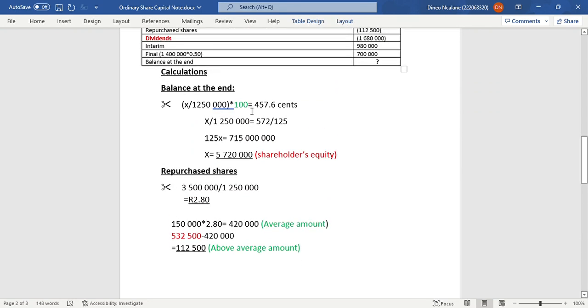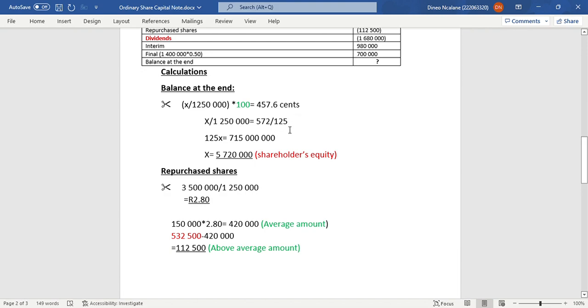So it's X over 1,250,000 shares times 100, equivalent to 457.6 cents, which we are given in the adjustments. Your next step is to divide by 100 on both sides. On your left hand side, you are left with X over 1,250,000 shares. On your right hand side, you are left with 572,000 over 125.